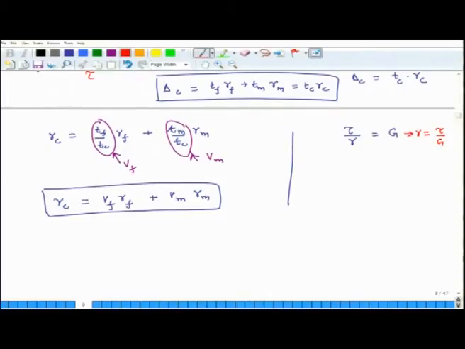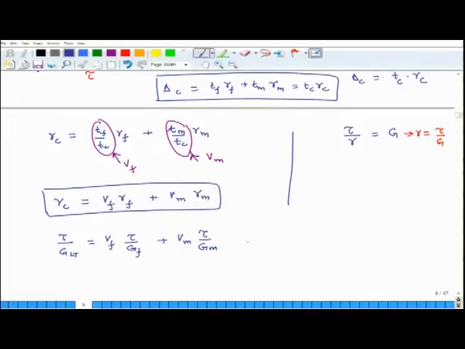So, we will put this relation for gamma here, and what we will get is tau over GLT, the shear strain in the composite, which is shear stress divided by its shear modulus GLT, is equal to Vf tau over Gf plus Vm tau over Gm. Now, tau is the same, so it cancels out.